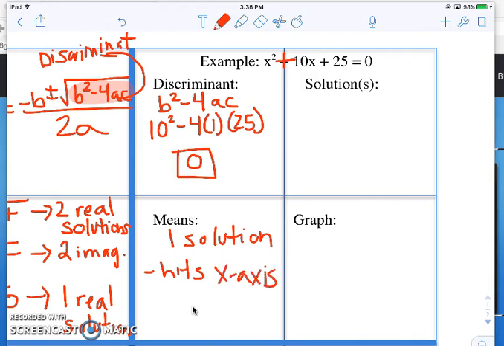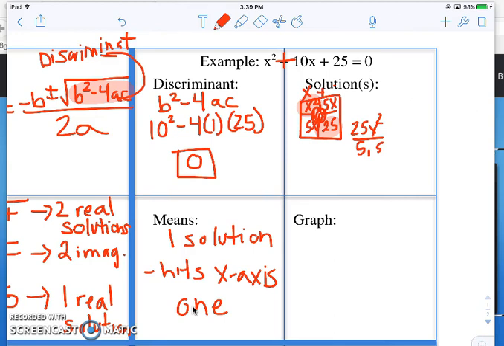X-axis one time. So let's see, if we were to factor this, let's see what those solutions are. x squared, 10x, 25. So we multiply those together, so we have 25x squared. So it's got to give us 10x, so that's 5 and 5. So 5x, 5x. So we got x plus 5, x plus 5.